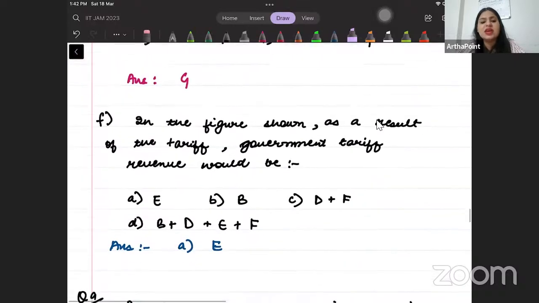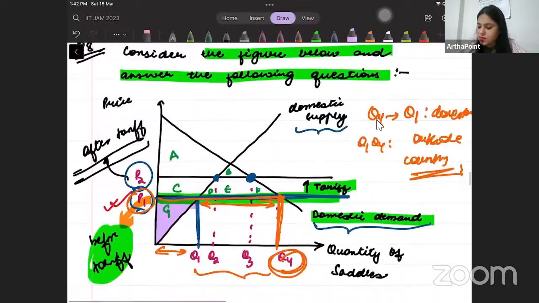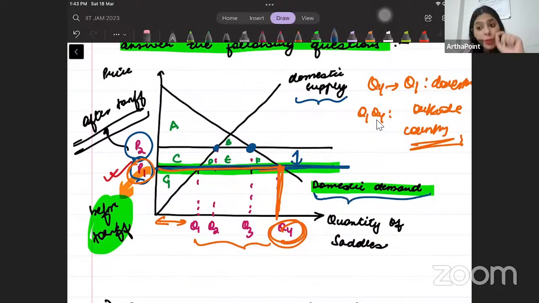And finally it says, in the figure shown below, as a result of tariff, government tariff revenue will be. Okay, so tariff revenue is how much tariff is collected. This much, the gap between these two, and on what quantity? The quantity that is imported. How much quantity is imported? Note that after tariff, the price is P2. And when the price is P2, the gap between demand and supply is this much.